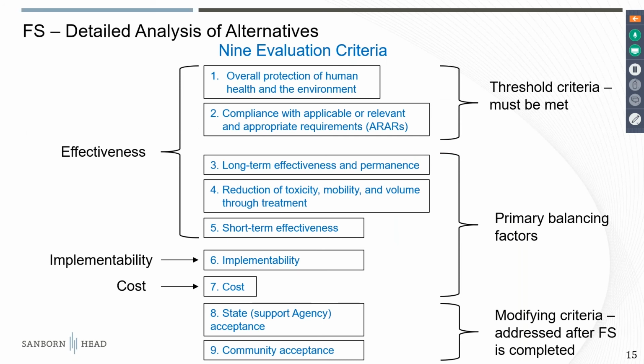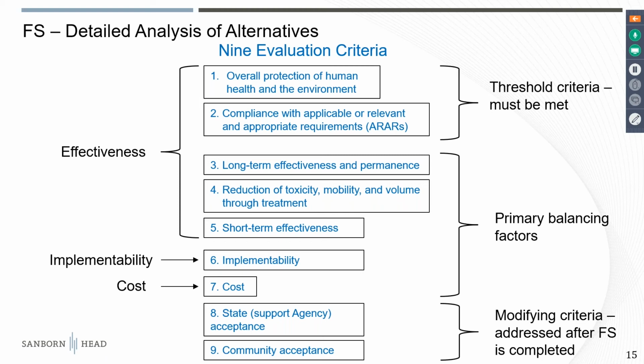And in EPA world, there are 9 evaluation criteria that each alternative is expected to be evaluated against. The first 2 are known as threshold criteria. These are statutory requirements in the CERCLA law. Each alternative needs to address how it will comply with these two top criteria.